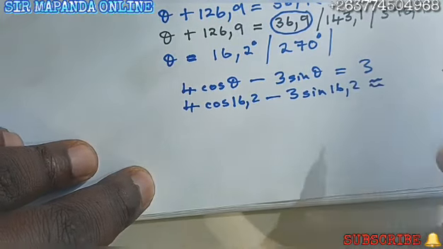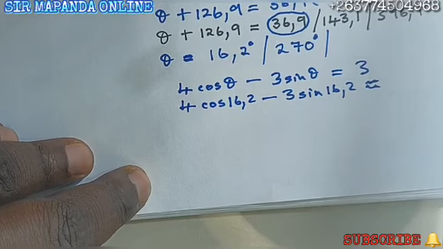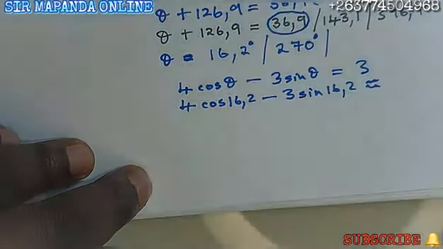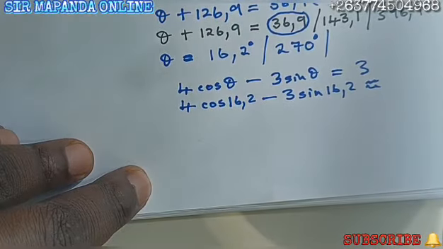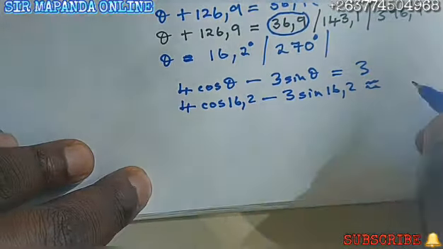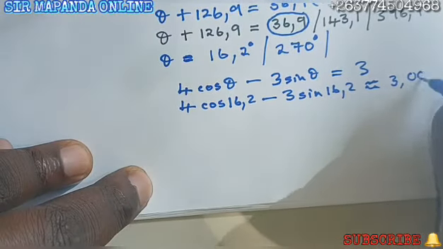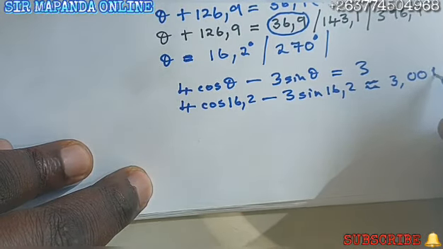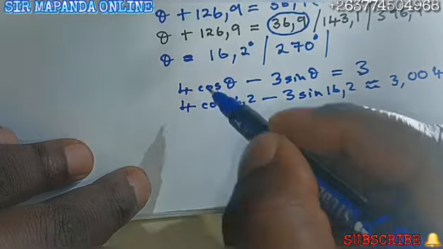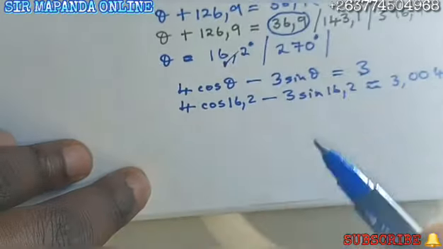It should be approximately equivalent to 3. So if you punch this in our calculator, 4 cos 16.2 minus 3 sin 16.2, you get 3.0042, and this is approximately equal to 3. It means 16.2 is correct.